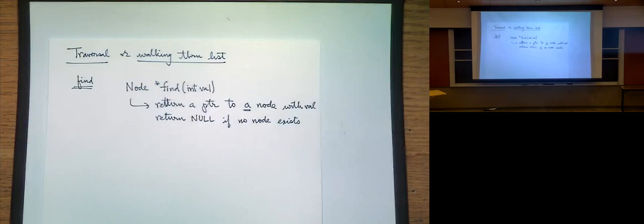You can also implement it as a Boolean type, which would just say true or false. It's more convenient to do this, because that way you actually have access to a node that has the value. Okay? All right.